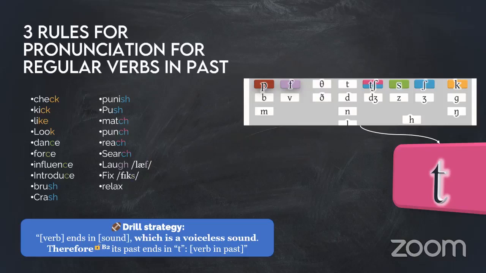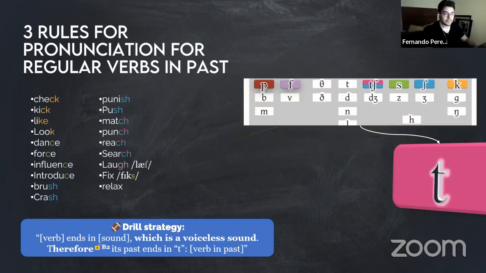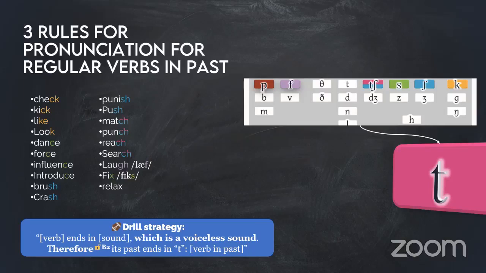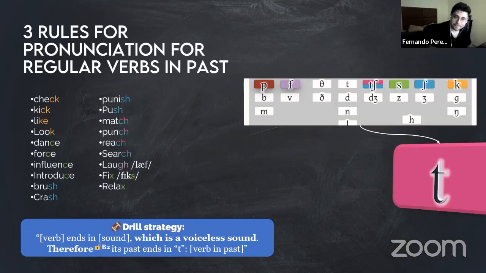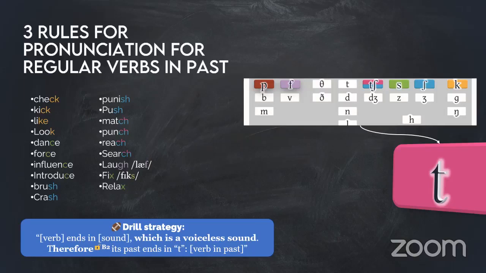Yes, X, which is a voiceless sound. Therefore, its past ends in T. Fix. Perfect. That's correct. Listen. Fixed. Fixed.